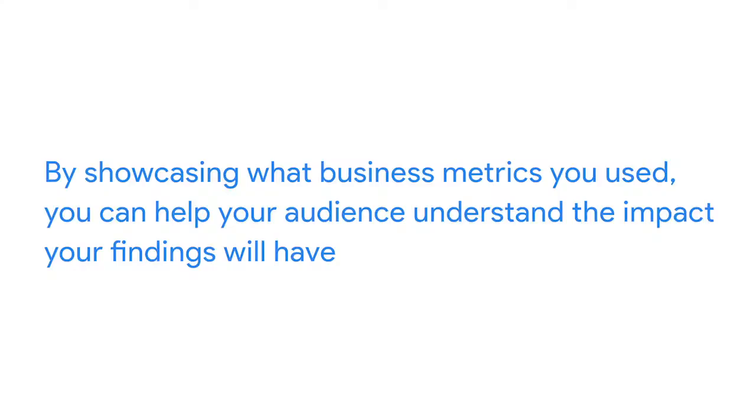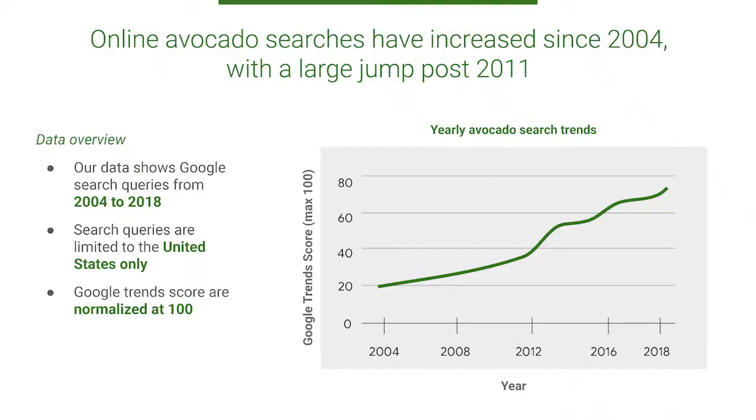You also want to make sure you're outlining and connecting with your business metrics. By showcasing what business metrics you use, you can help your audience understand the impact your findings will have. Think about the metrics we use for our avocado presentation. We track the number of online searches for avocados from different months over several years to anticipate trends in demand.